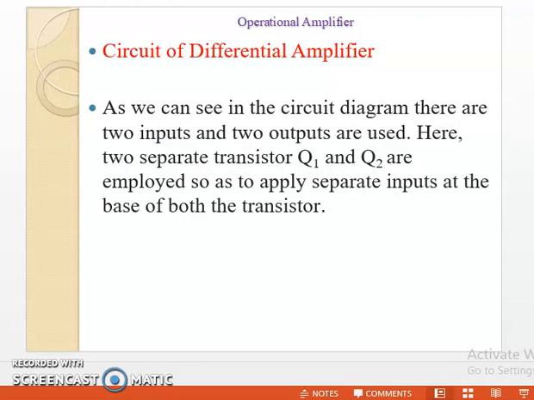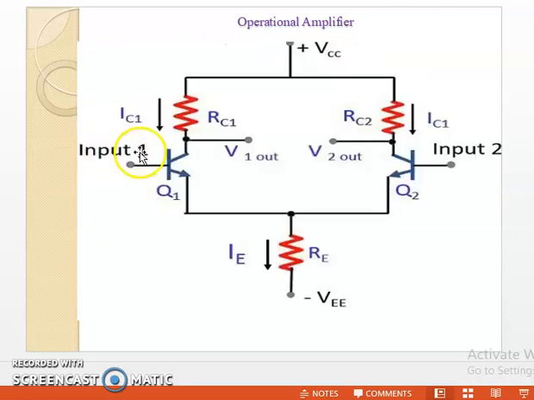Circuit of the differential amplifier. As we can see in the circuit diagram, two inputs and two outputs are used. Here two separate transistors Q1 and Q2 are employed so as to apply separate inputs at the base of the transistors. Here you see, this is one transistor, this is another transistor. Here input 1 is shown, input 2 is shown.